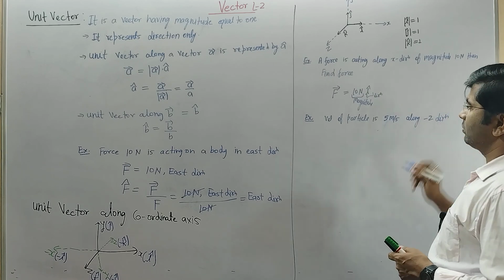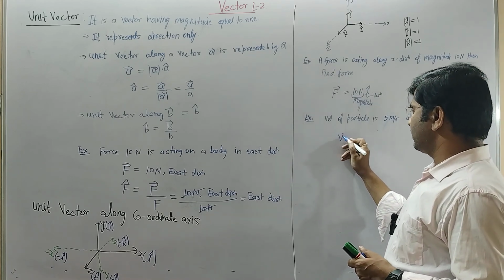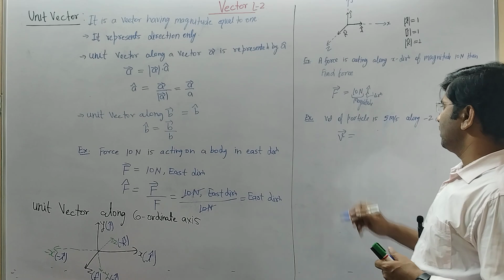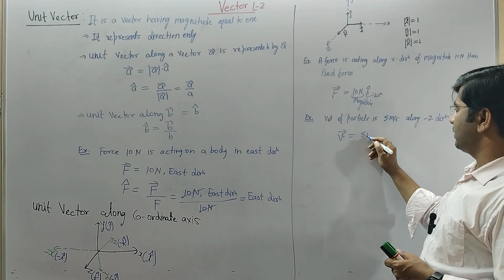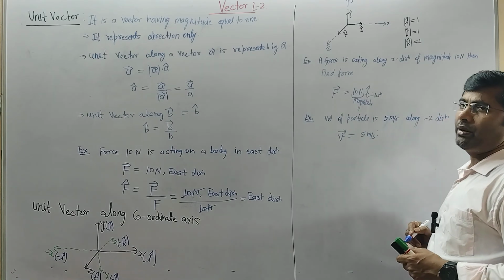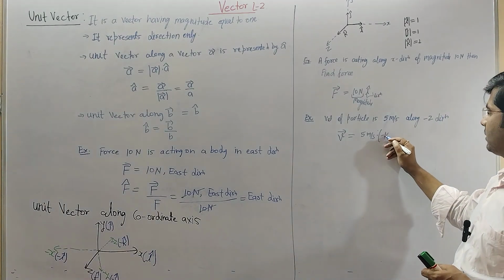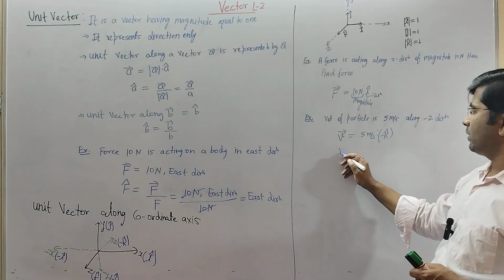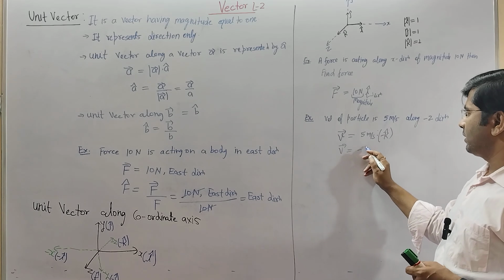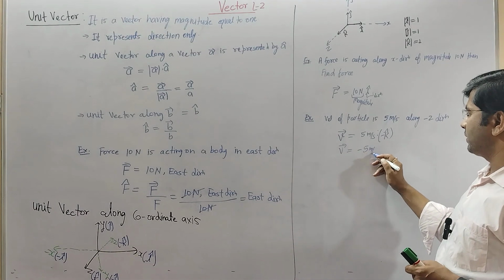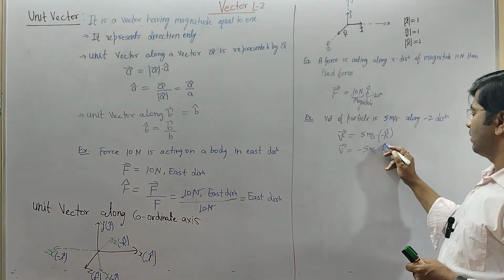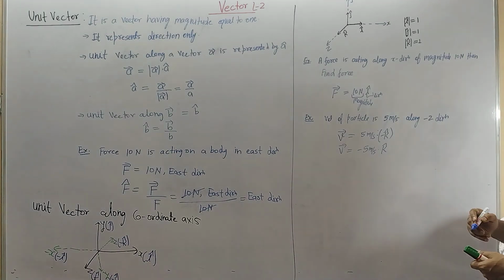Okay, negative z direction. So what will I write here? I will write here velocity, that is vector quantity. So magnitude is 5 meter per second into, we have to put direction. So direction minus z. So I will write here minus k cap. So this velocity will be equal to minus 5 meter per second into k cap. So this is how we will write in vector form.